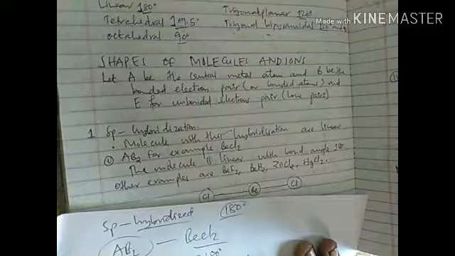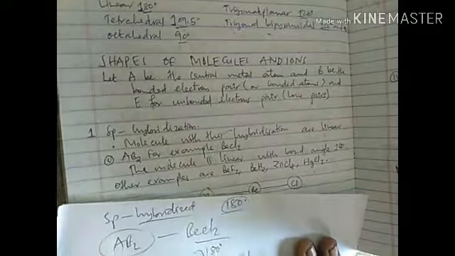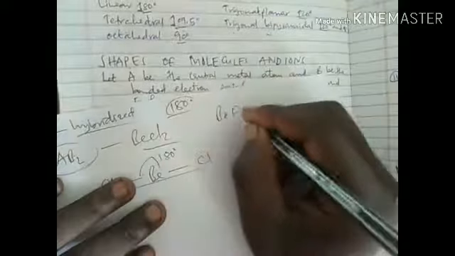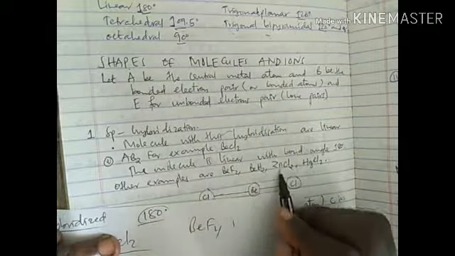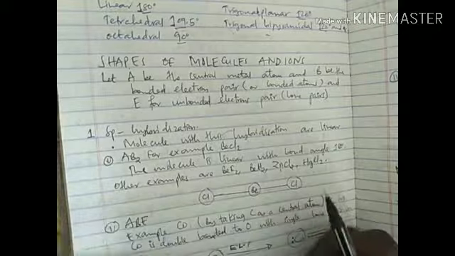So kwenye other molecule ambazo ziko kwenye kundi hilo unaweza kukuta kama beryllium fluoride, alafu kuna beryllium hydride, kuna zinc chloride na mercury chloride.